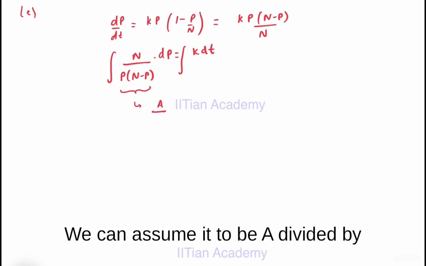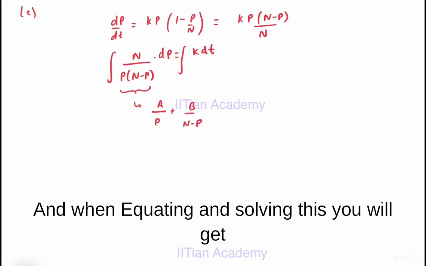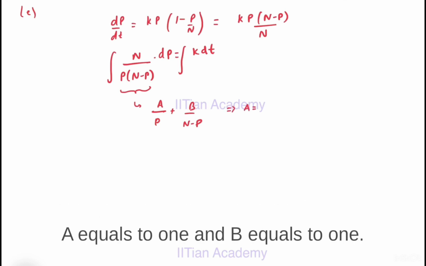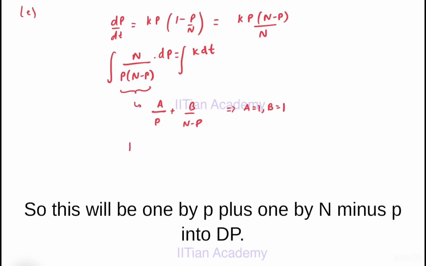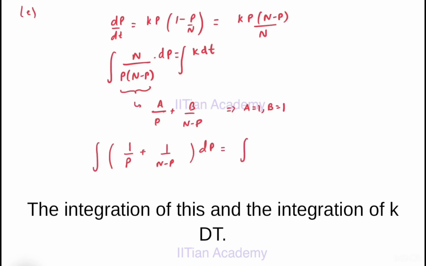We can assume it to be a divided by p plus b divided by n minus p, and when equating and solving this you will get a equals 1 and b equals 1. So this will be 1 by p plus 1 by n minus p into dp, the integration of this and the integration of k dt.